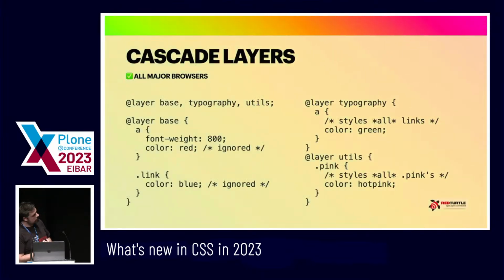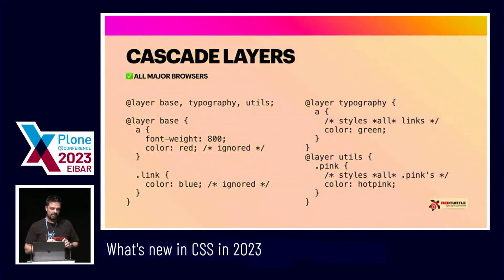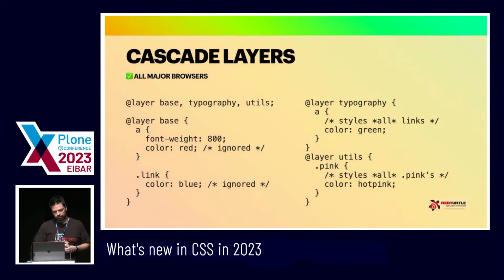Let's see it. So this is a 2-column text because I want it to be readable. The first line defines the layer order. What does that mean?